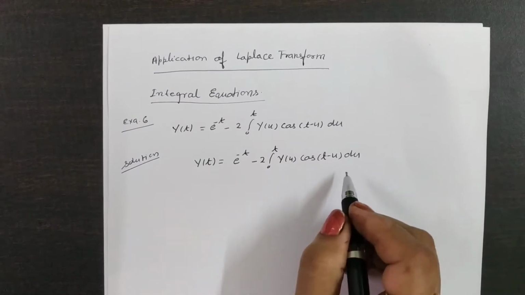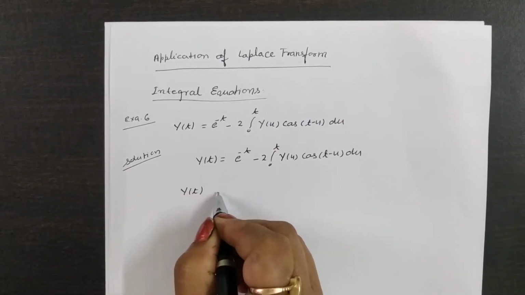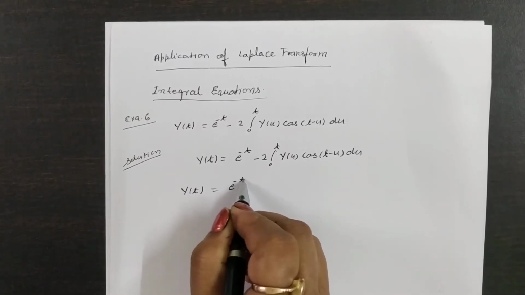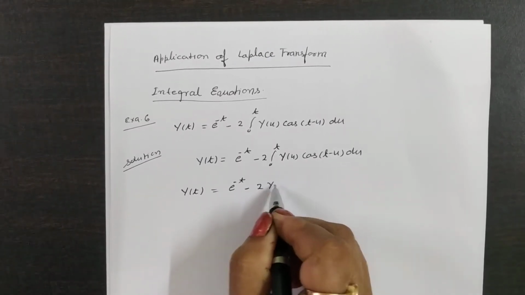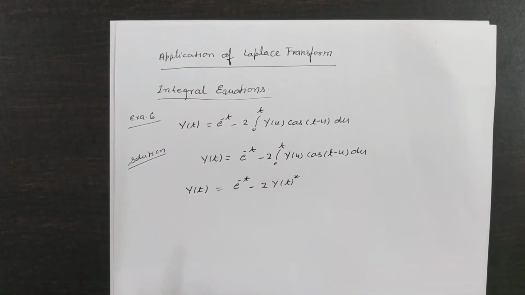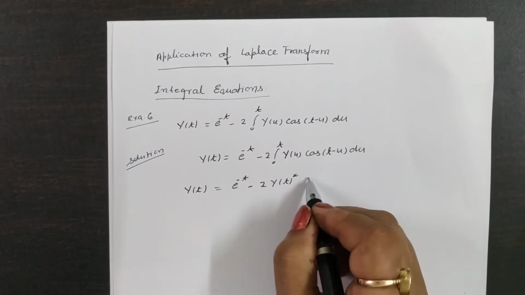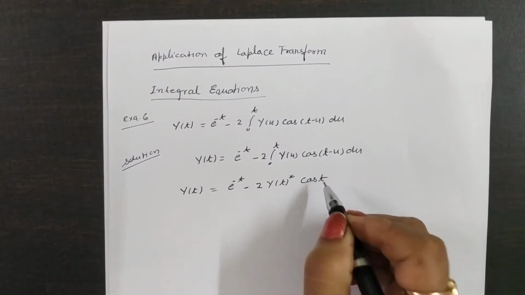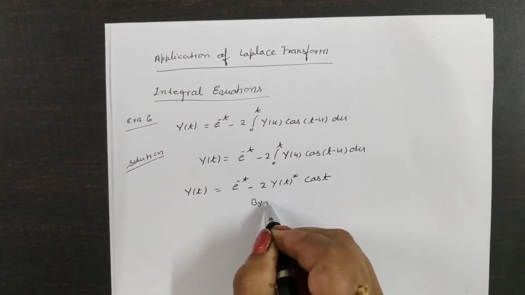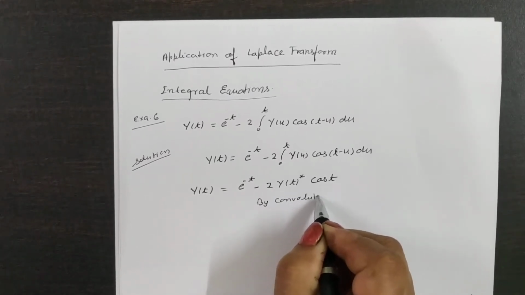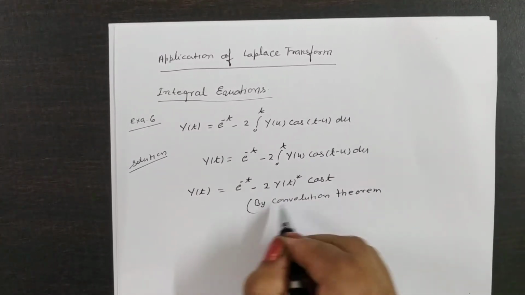So y(t) = e^(-t) - 2 (y(t) * cos t). You can write this by the convolution theorem, clear?